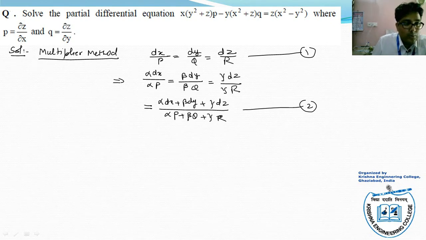Here two possibilities arise. First one is alpha P plus beta Q plus gamma R is equal to 0.